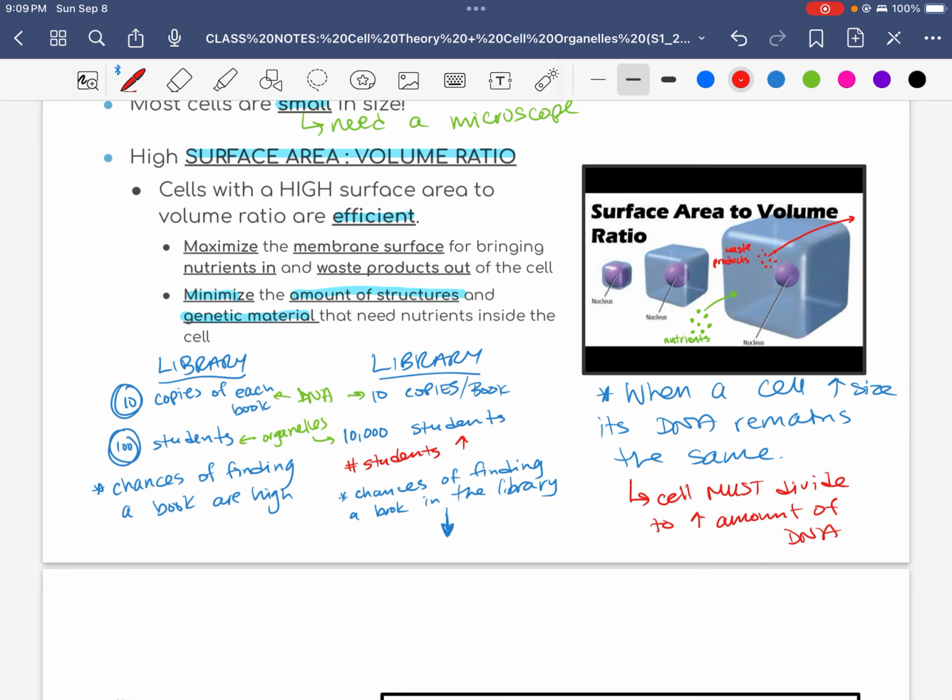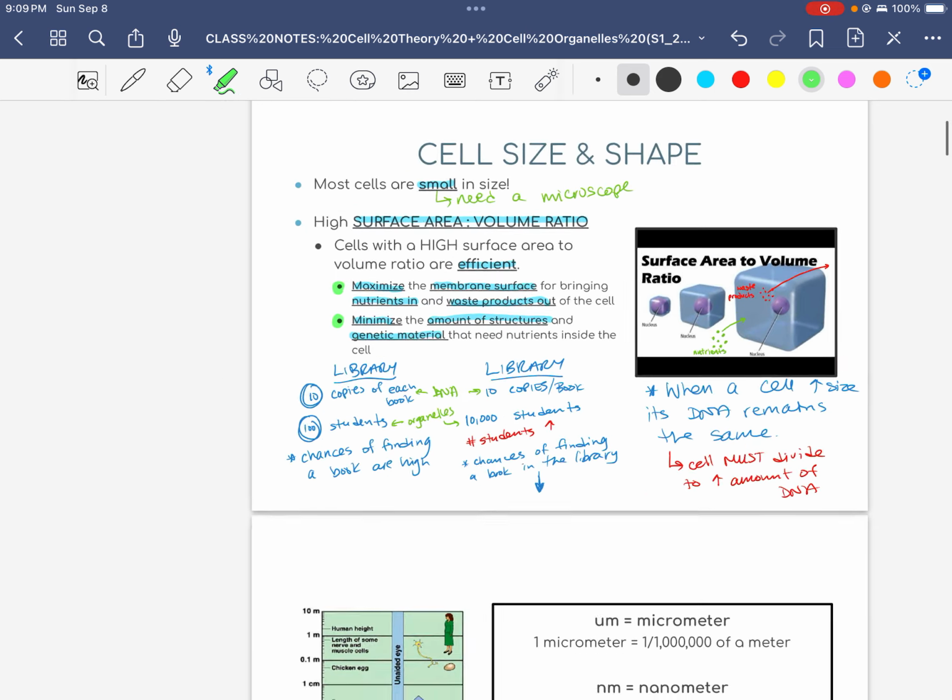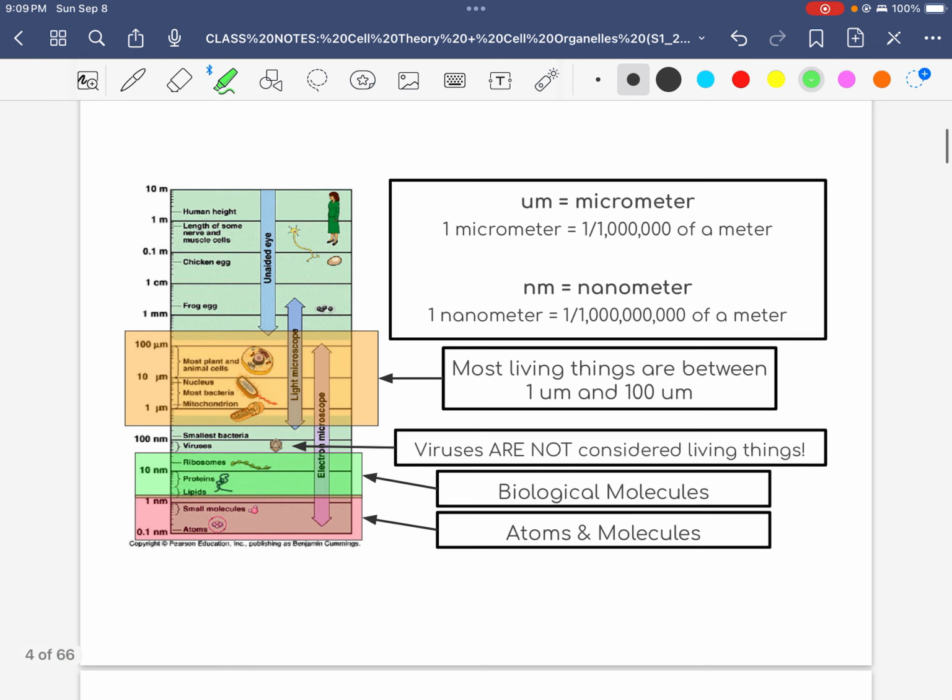All that to say, cells prefer to be small because they are much more efficient. It maximizes the membrane surface, which helps get nutrients in and waste products out, and it minimizes the number of structures asking for that genetic information. That's the gist of surface area to volume ratio.